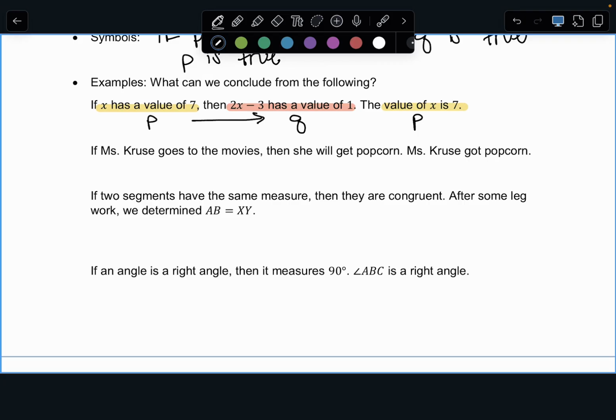What do we think? Yeah, we conclude that Q is true. So the orange is true. So 2X minus 3 has a value of 1. And that's it. We're essentially plugging our hypothesis back in and following our arrow to the conclusion.